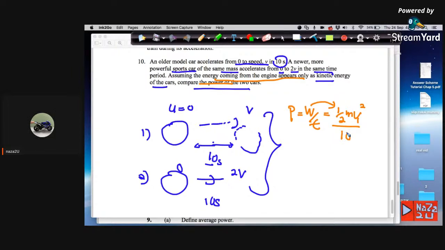Now we have this as the power P1. For P2, for the same object with the same time and same mass, the power here is equal to half m v2 square, divided by the same time t, 10 seconds.